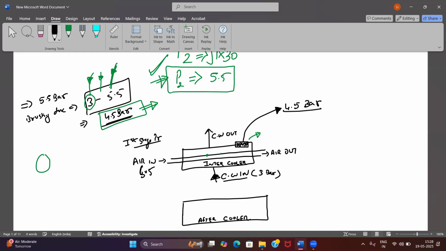Always remember, this is the first stage discharge pressure, less than the first stage discharge pressure, not the second stage discharge pressure. Now this is the tube through which the air is flowing. How much pressure will it be? 30 bar. 30 in and out. Now, if this tube leaks, the water is going here.